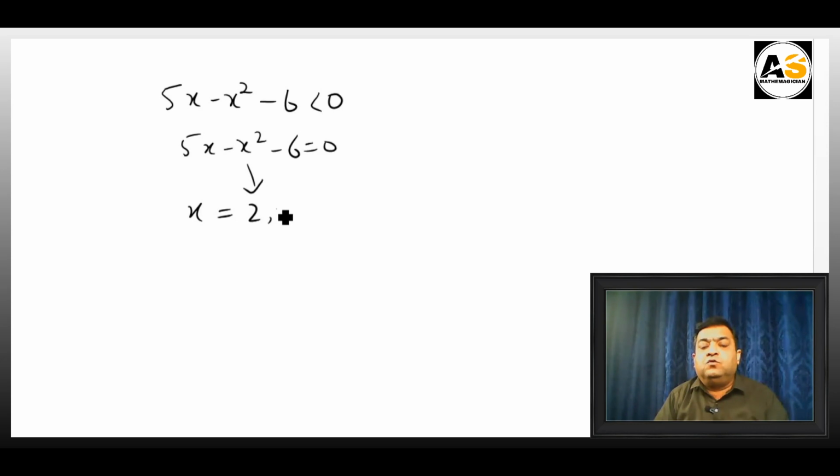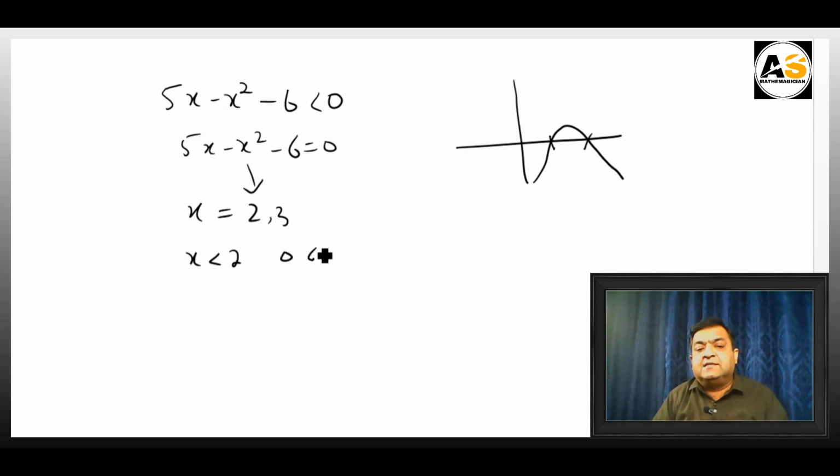Its roots are 2 and 3. But now the graph is of the second type because the coefficient of x square is negative 1 over here. So for it to be negative, it will be negative beyond the roots. Then the solution will be x is less than 2 or x is greater than 3. This is the solution of this quadratic inequality.